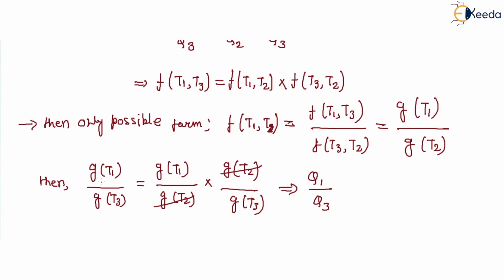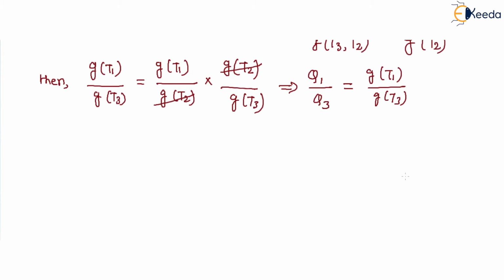So what can we write? For reversible, Q1 by Q3 is equal to g(T1) by g(T3).